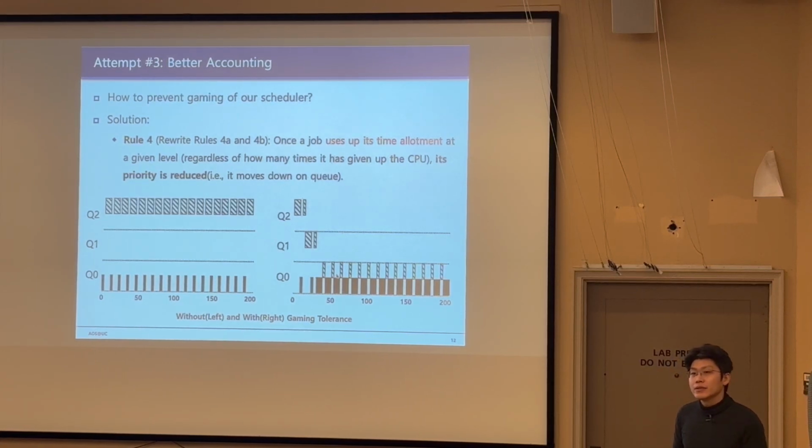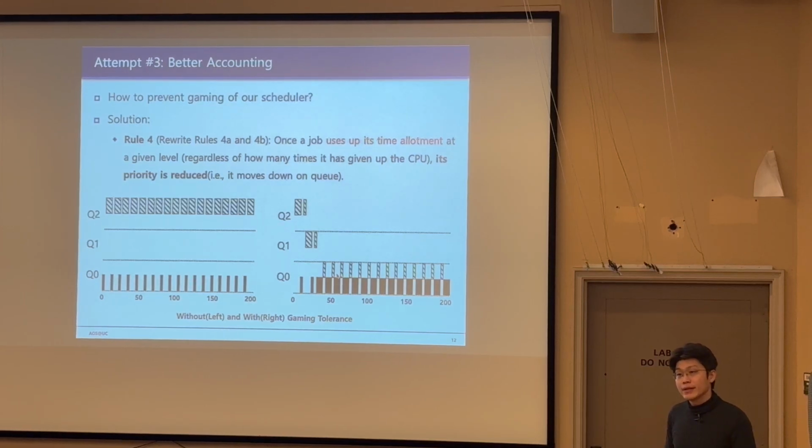In the old version of Rule 4, a process gets refreshed 200 milliseconds or time slice every time it gives up the CPU. That's the old design. But in this new design, you don't get a refreshed time slice. You only have one time slice allocated to you. When you use it up, you go to the lower level queue. Okay?